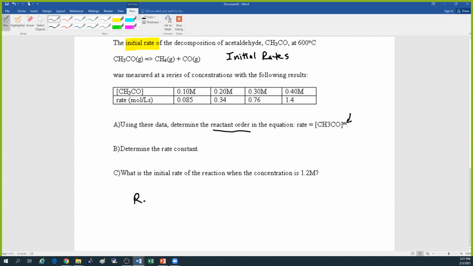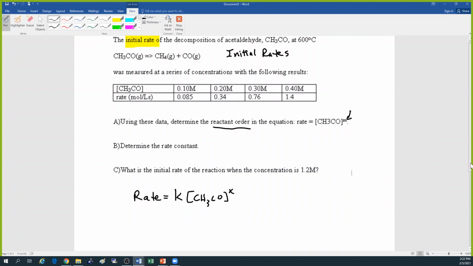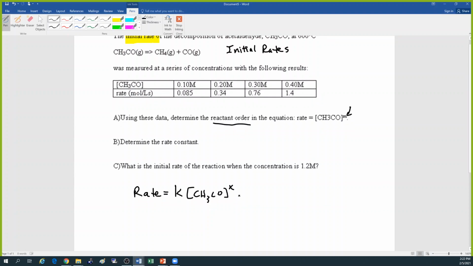So I would have started the rate law by saying rate equals some constant k times whatever reactants I have raised to some unknown power. Now they used M. I don't care if you use M, X, Y, whatever. It doesn't really matter to me. So what we have to do here is ask ourselves what's going on with these numbers.